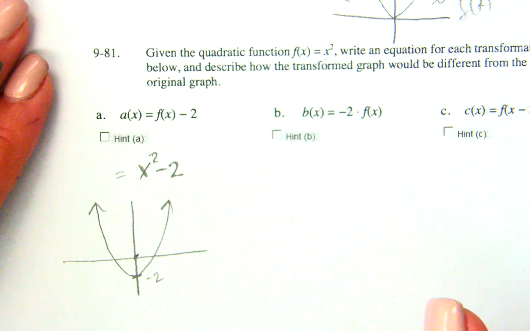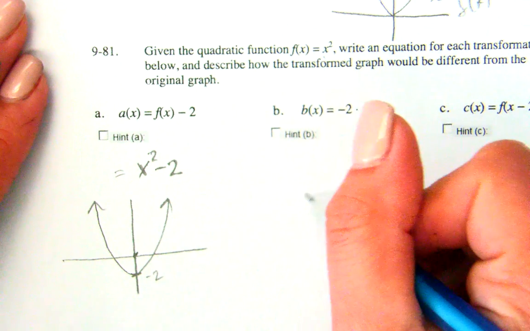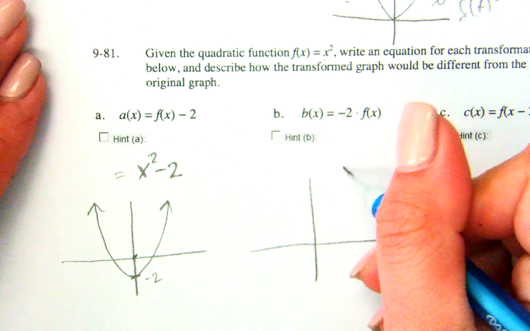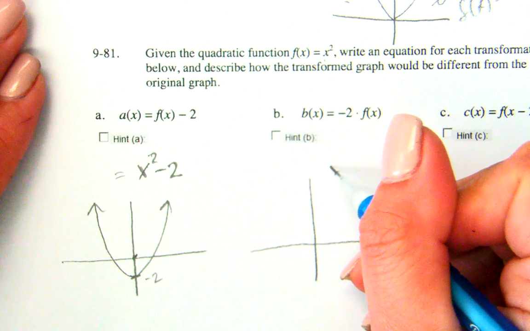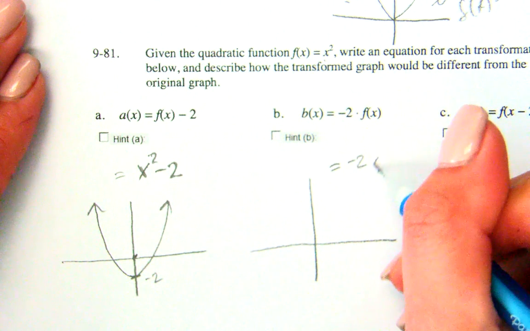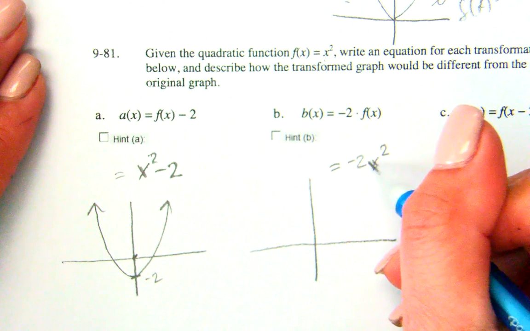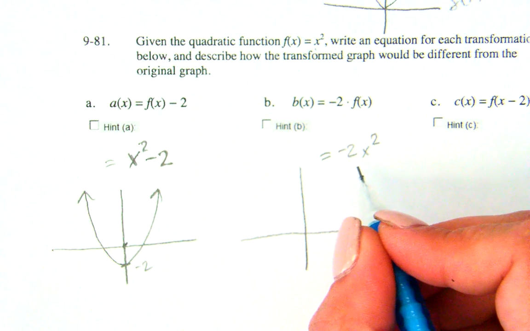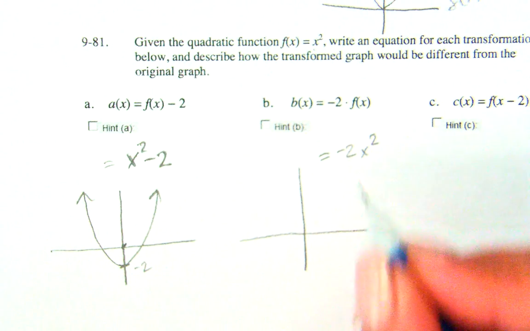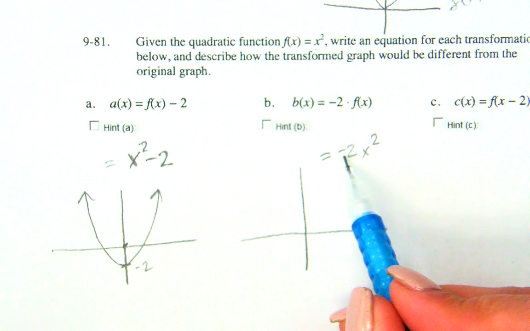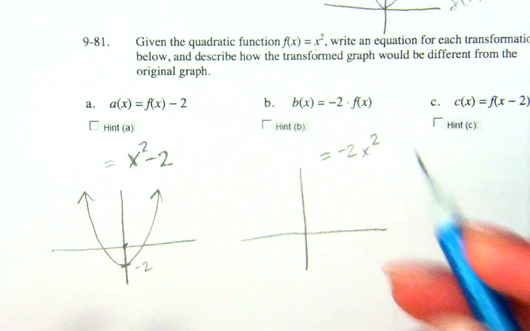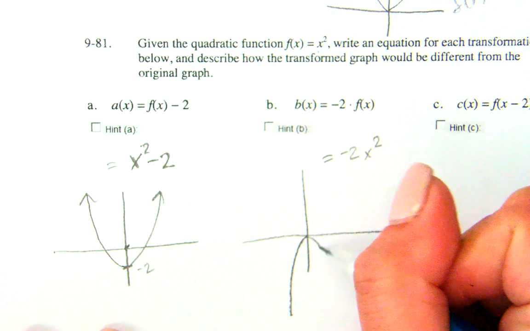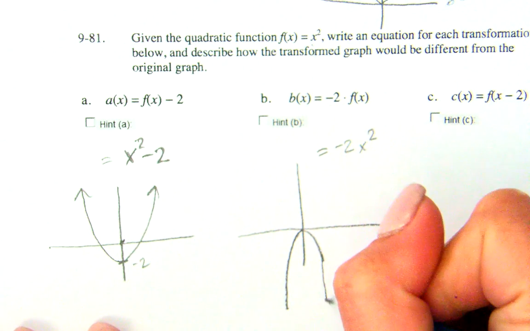So please write that down as a sentence. What did it do? And then the next one, -2 times f of x, so it would be equal to -2 times x squared. Well, the 2 basically tells me it's going to get a little skinnier, and then the negative is basically going to tell me it opens down. So it's going to be a down-turning, slightly skinnier version of the original.